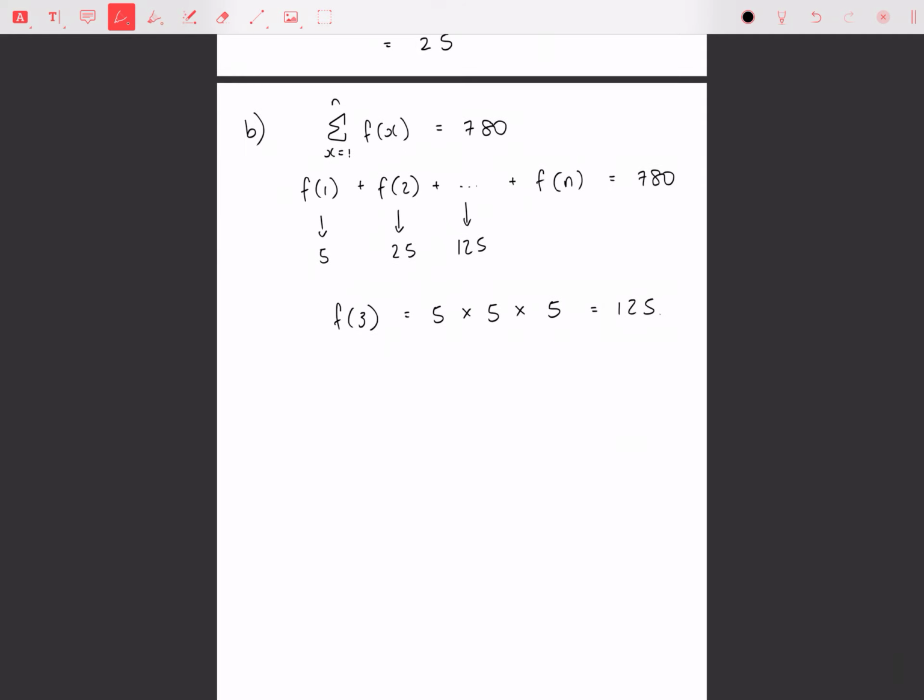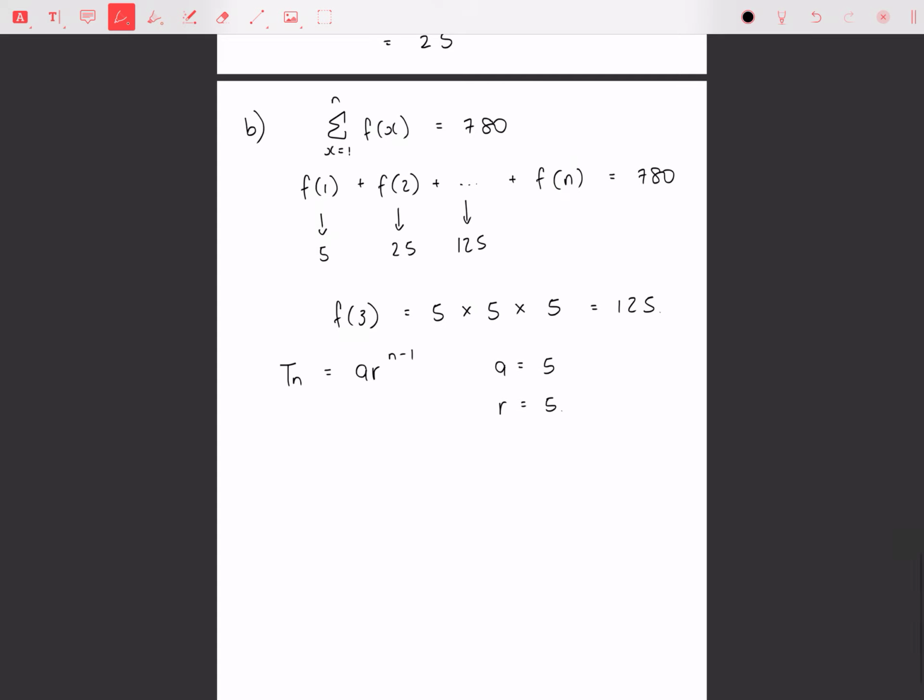So this is a geometric series, where my first term is 5 and my ratio is 5. Now we're trying to find the value of n. Working out with the general formula isn't really going to help, but we know that this is a summation, so we can use the sum formula, which is given by this.